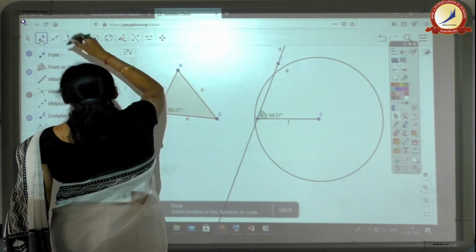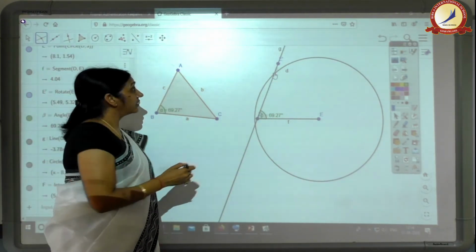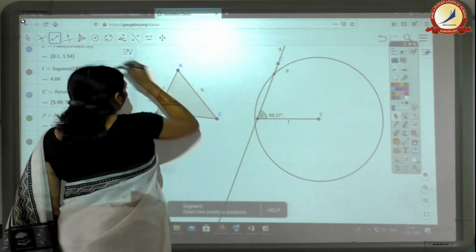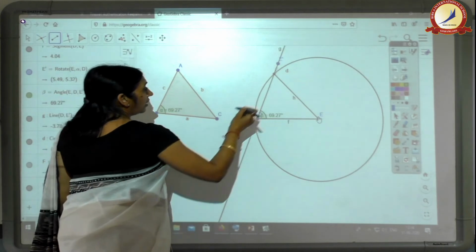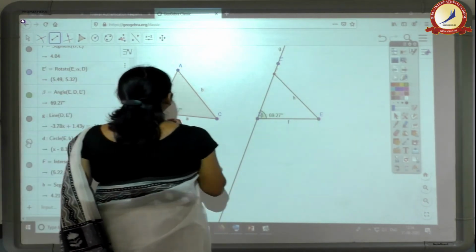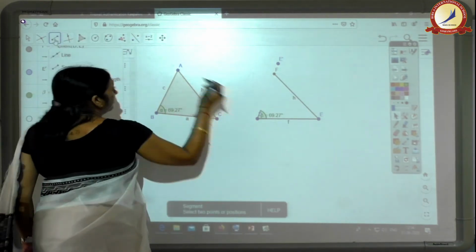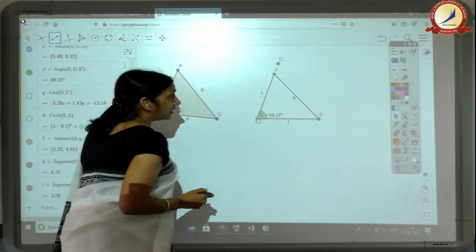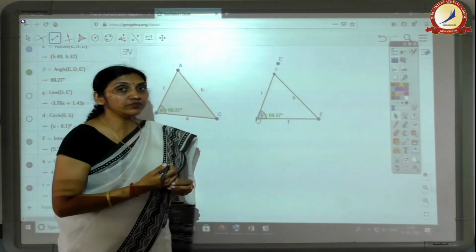Select the intersect tool and mark that intersecting point. Using the segment tool, join these two points. Now, let me just hide these two lines and select this segment for a clear picture of the constructed congruent triangles.